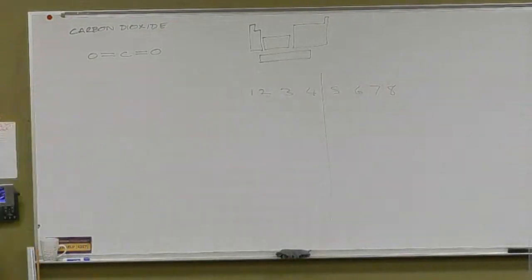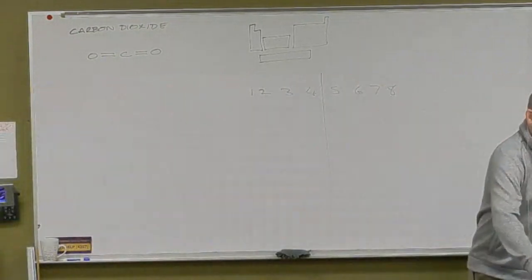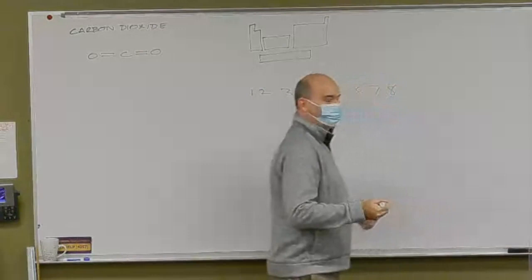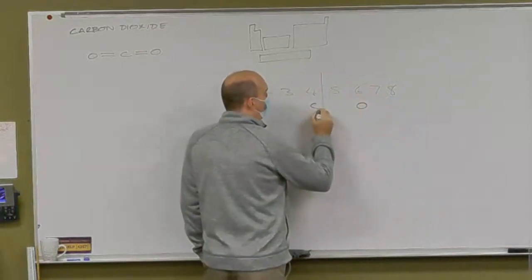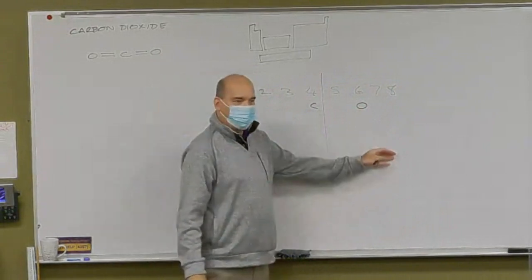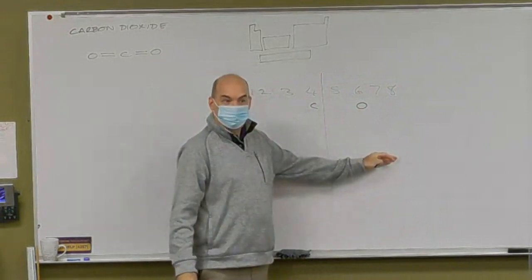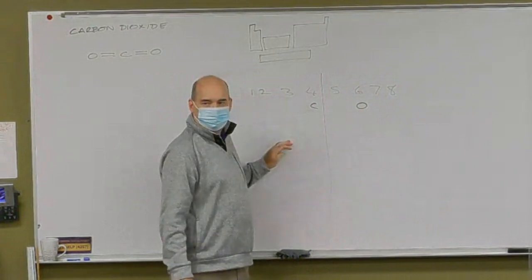Okay. What side of the periodic table is oxygen on? Here's oxygen in group 6. There's carbon in group 4. This side of the periodic table does something that that side of the periodic table doesn't do.